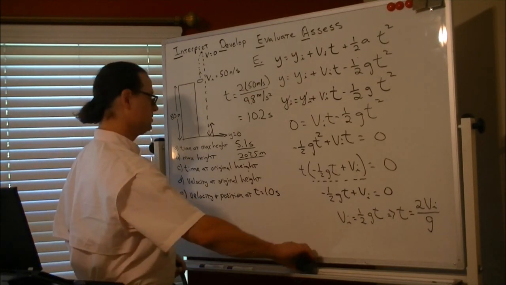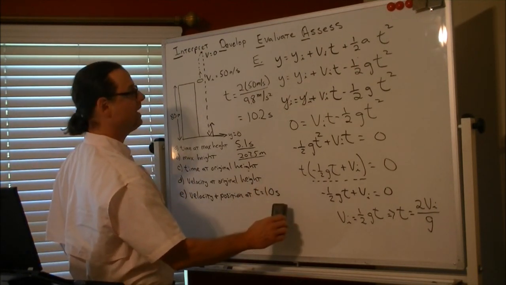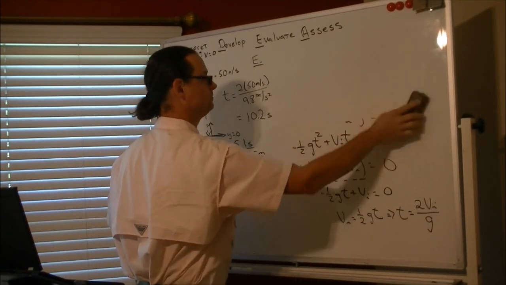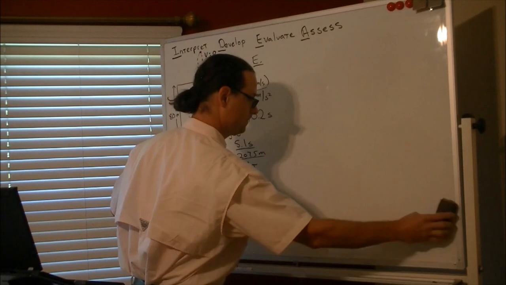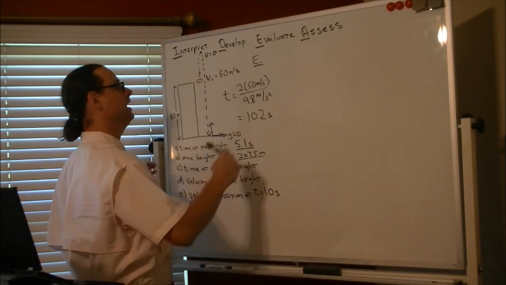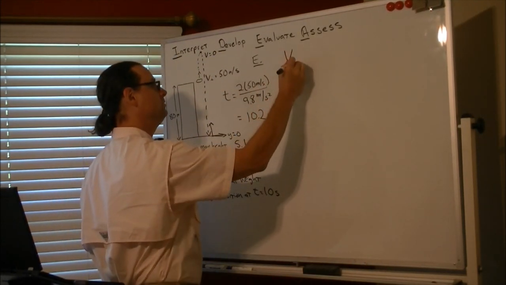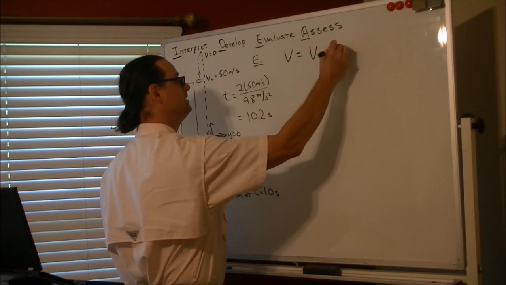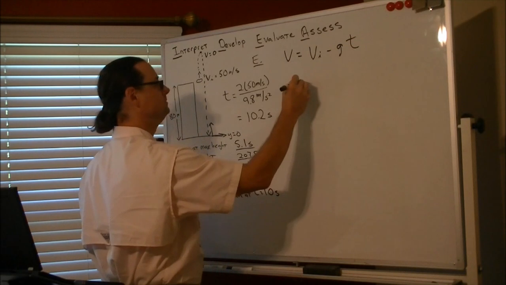All right, so now we are thinking about the velocity at the initial height. Go back to our kinematic equation for velocity: v equals v initial minus gt.